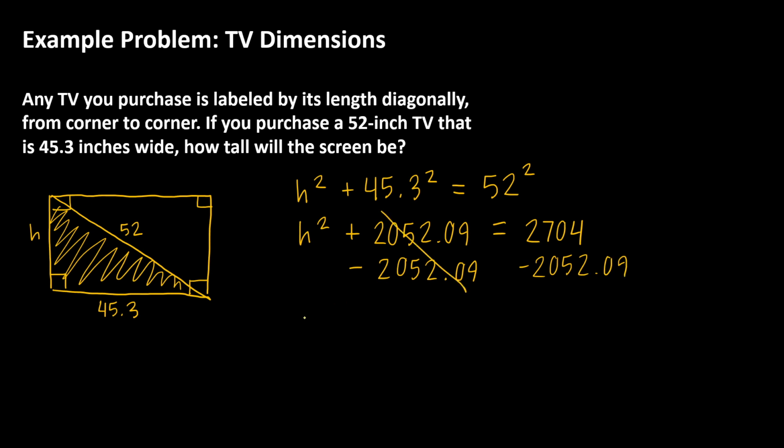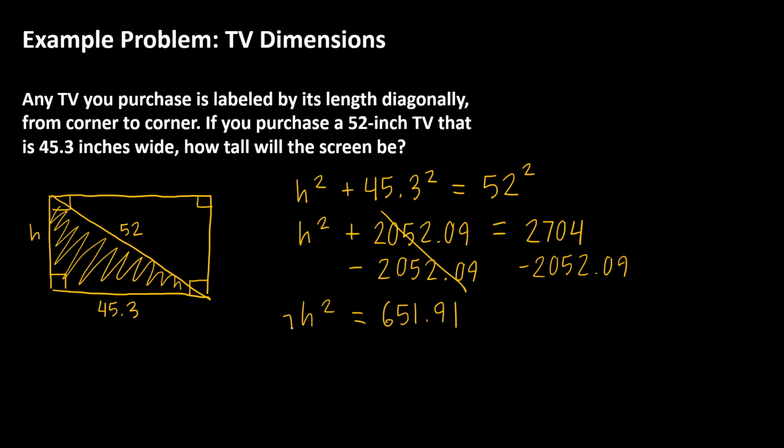This cancels out. So h squared equals 2,704 minus 2052.09. And you get 651.91. Just like before, the inverse of squaring a number is taking the square root of it.